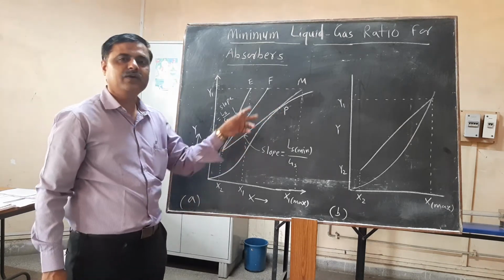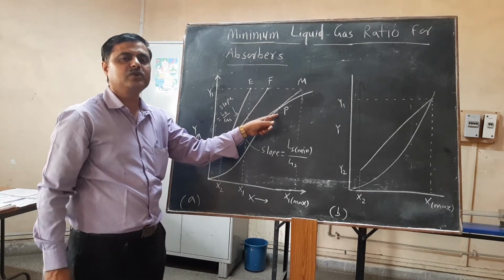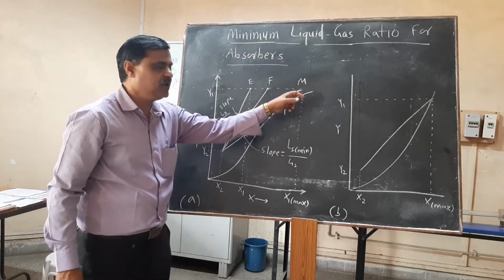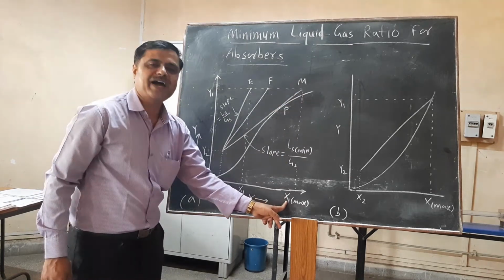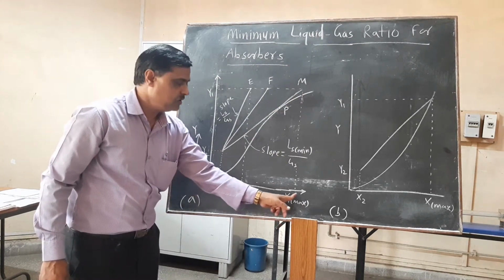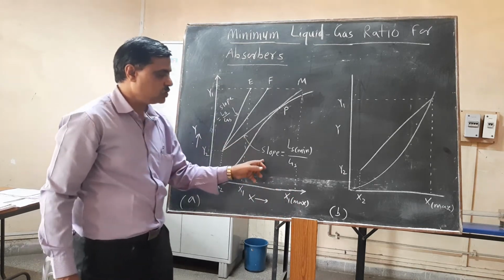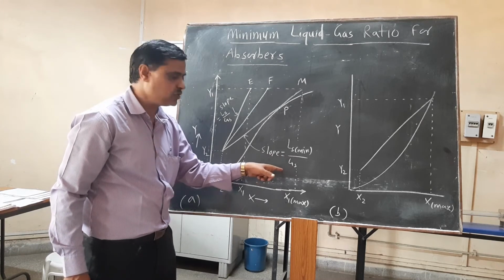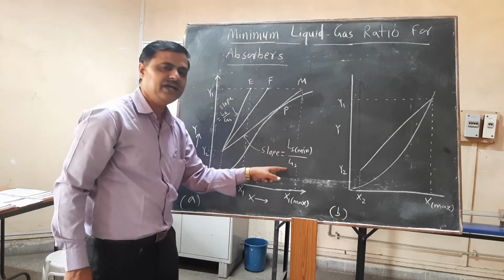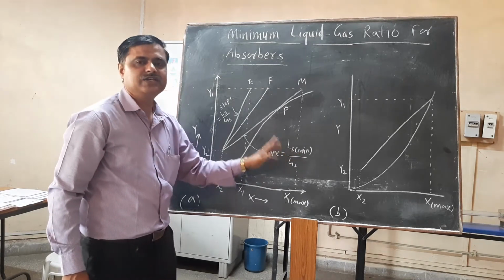When the operating line is tangent to the equilibrium curve, it gives the minimum liquid to gas ratio. At the minimum liquid value, the x1 value is maximum, this is x1 max, and the slope of the operating line is Ls minimum by Gs.